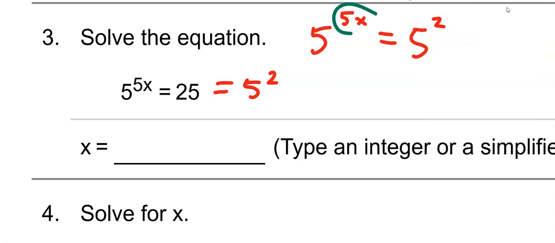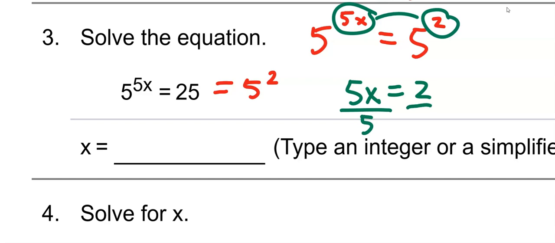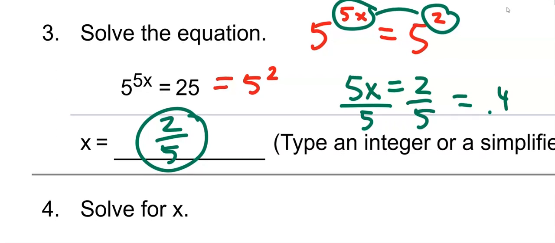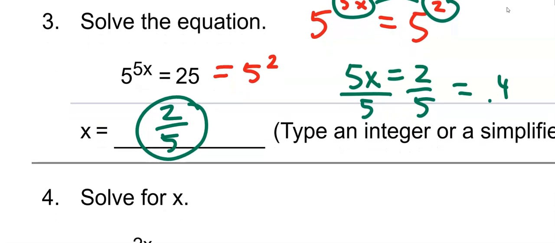So that must mean this exponent and this exponent are the same. And if that's true, then you can easily divide by 5 and find out your answer is 2/5. And that's the same thing as 0.4 for you decimal fans out there. But that one did not require me to use logarithms because 25 was nicely changed into something based on 5.